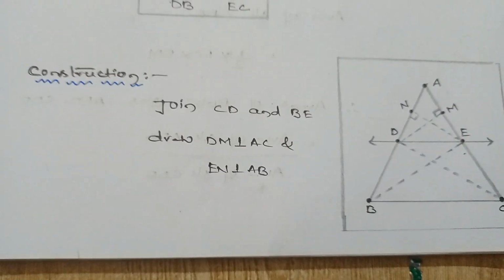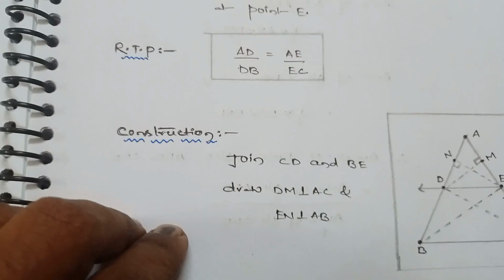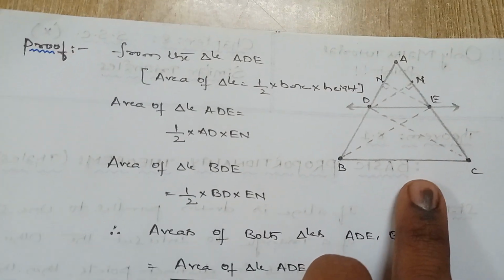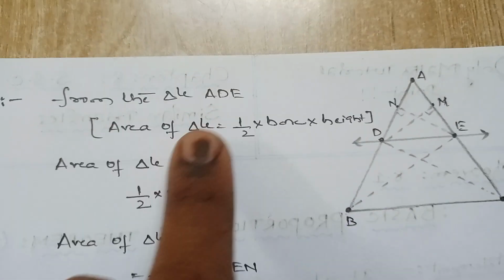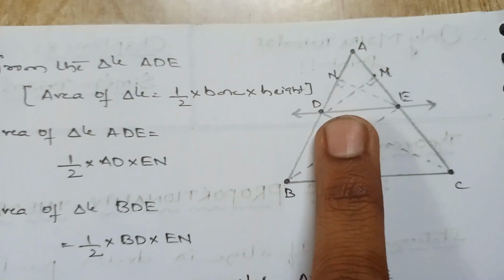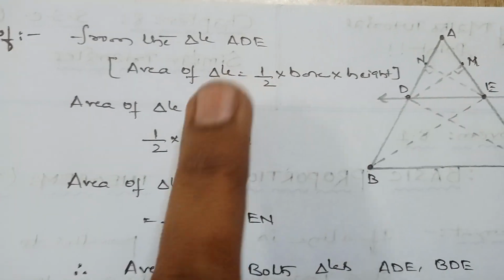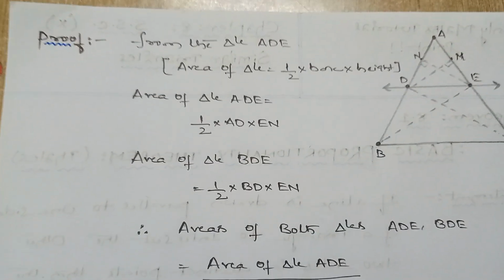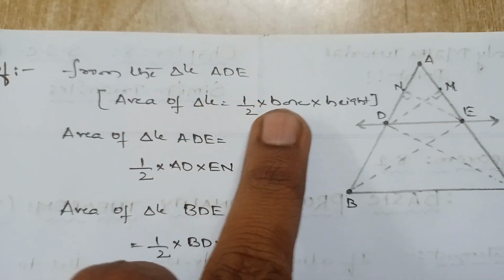Now coming to the proof. For your understanding, I have taken the figure once again. From triangle ADE, what is the formula for the area of a triangle? Half into base into height.